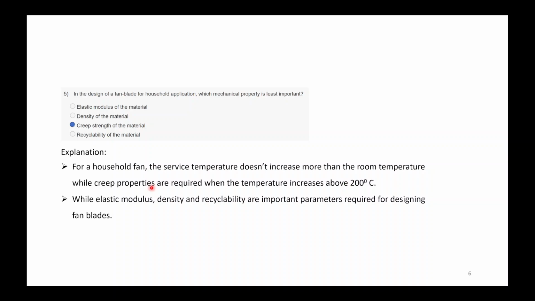So creep properties are only required when the temperature increases above 200 degrees C. So creep strength of material won't be necessary. While other properties such as elastic modulus, density of material and recyclability of material are important parameters which are considered in designing fan blades.